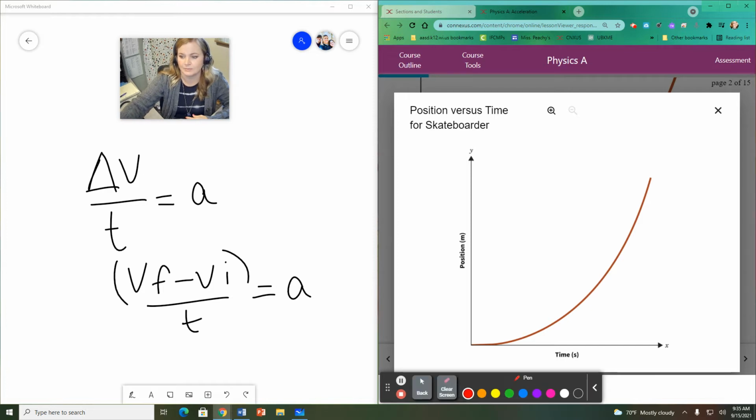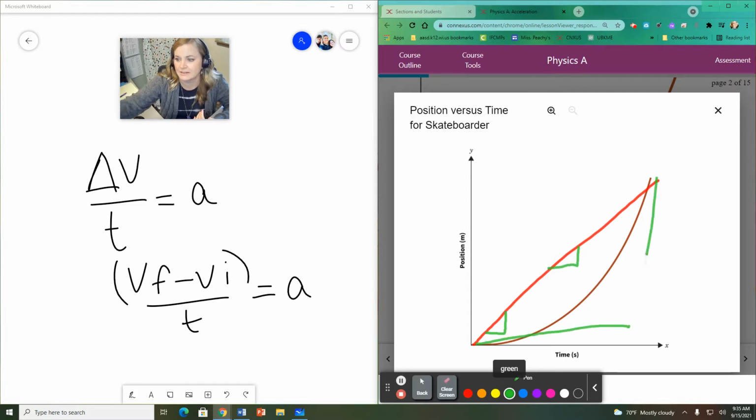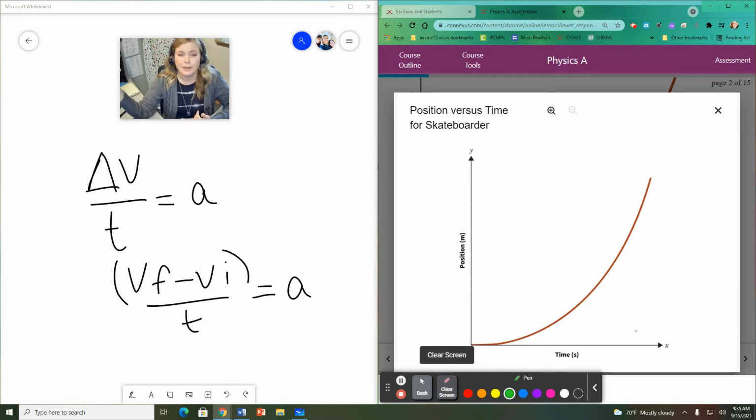So it would have looked more like that, right? And that meant that the slope of the line was the same everywhere. So if I measured the slope here or here, it didn't matter. Or if I measured the slope of the entire thing, the rise over the run was the same for all, right?